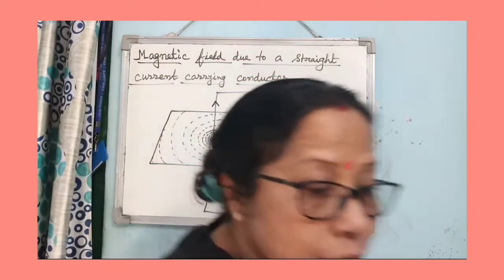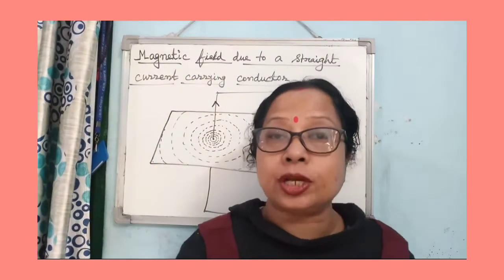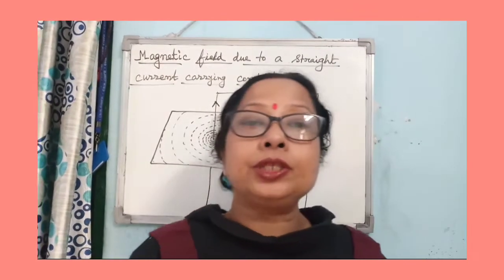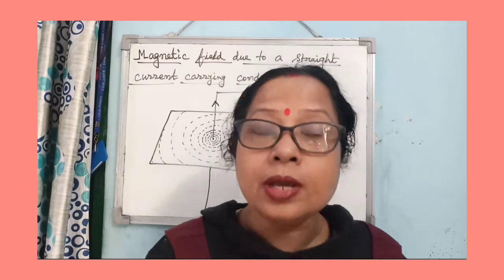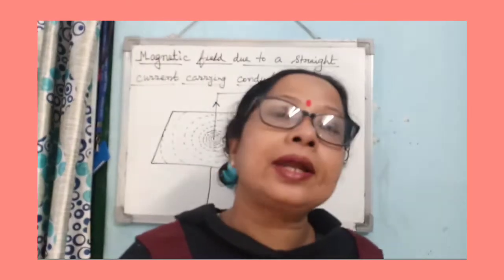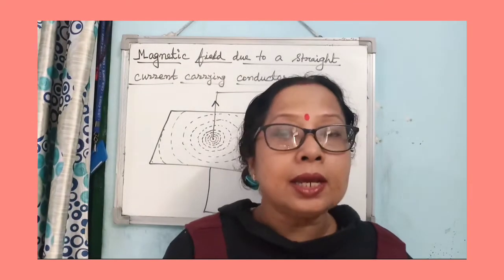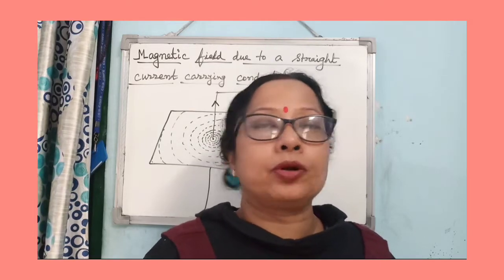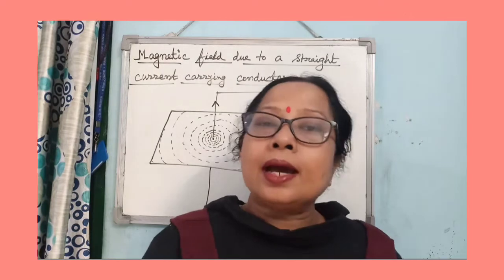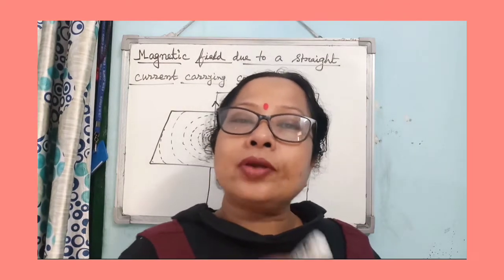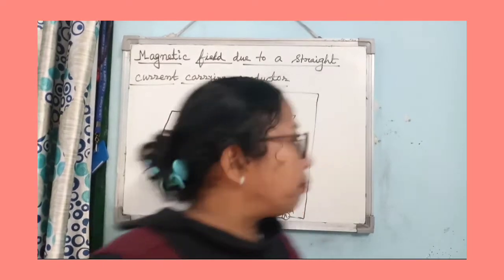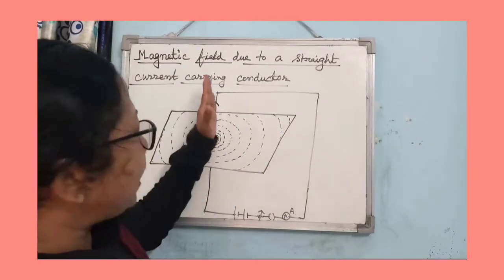So the first point, first observation, not observation, sorry, conclusion. The first conclusion, what you must note down. I am saying it slowly. Please write it down. The first conclusion, you must write, learn and remember till your board exam: when current passes through a straight conductor, a magnetic field is produced perpendicular to the plane of the conductor.